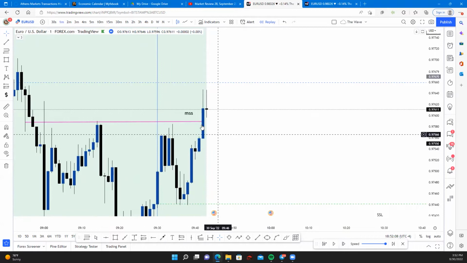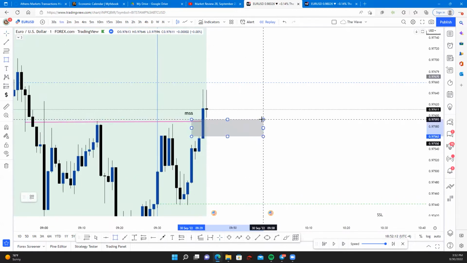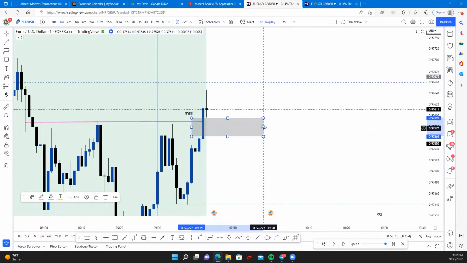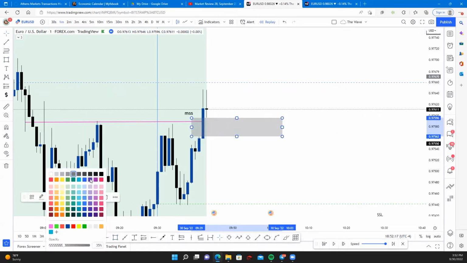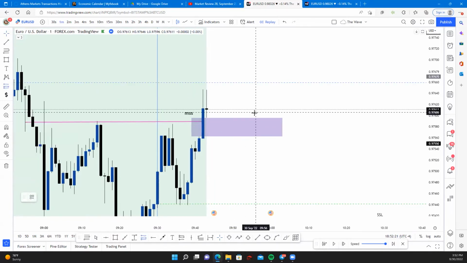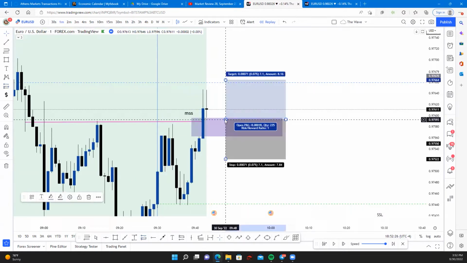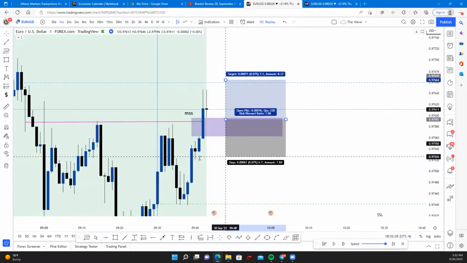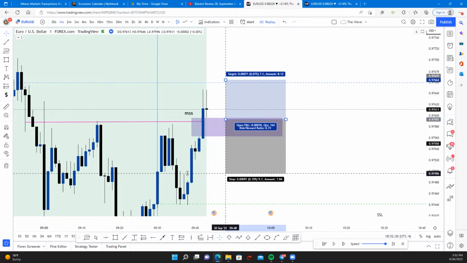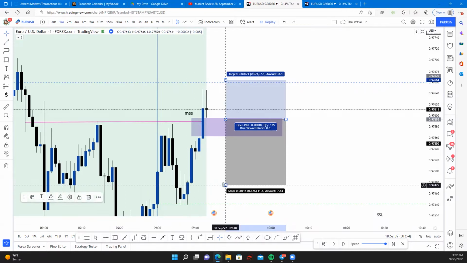Next candle closes, we create this fair value gap here, from this wick to this wick. Now you can wait for your long position here or just inside this box. Stops would be placed here, or I would probably go below this candle just to be safe.